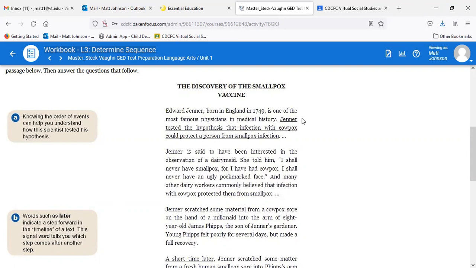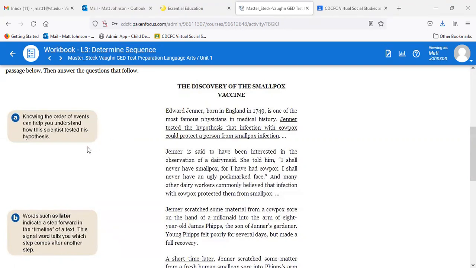And this again is related to the idea of summarizing, right? Knowing the order of events is going to help you correctly summarize something, because you're going to need that skill to correctly summarize something and make sure it makes sense to your reader or who you're speaking to.